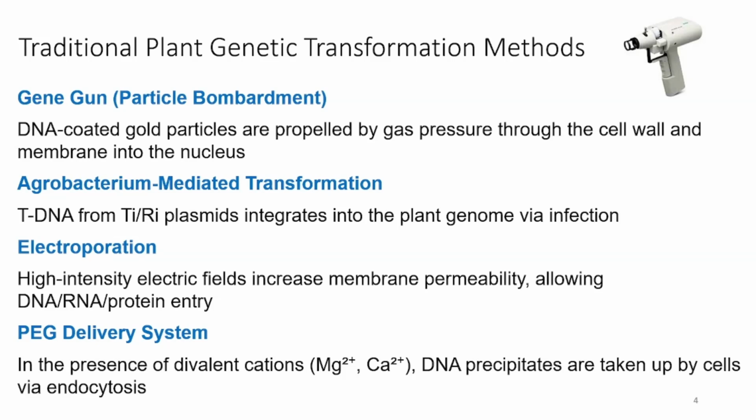Gene guns can deliver DNA-coated particles across barriers, but cause tissue damage and require costly equipment. Agrobacterium integrates T-DNA with stability, yet is restricted to DNA delivery, a limited host range, and raises GM concerns.